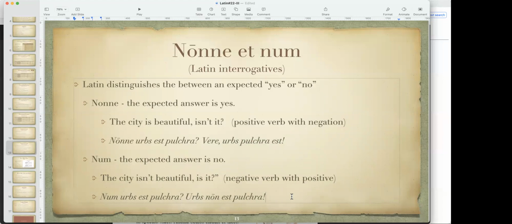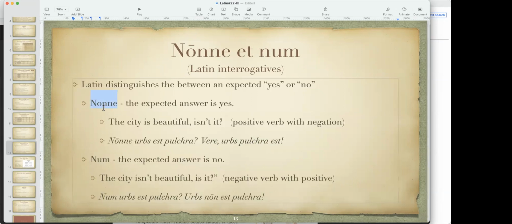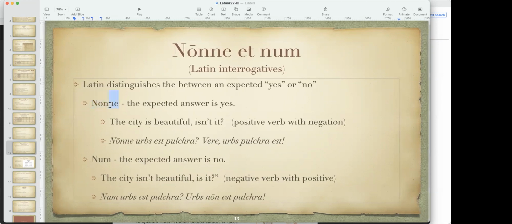So maybe the way to think of nonne is phrasing it as, isn't this city beautiful? Or maybe non ne, meaning a question. The ne is how you ask. Have we had that yet? I'm thinking we haven't actually had that. If I say, Estne Britannia Insula.